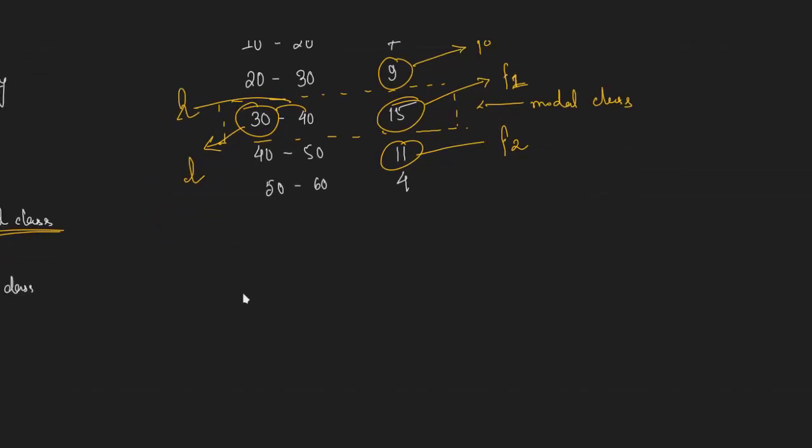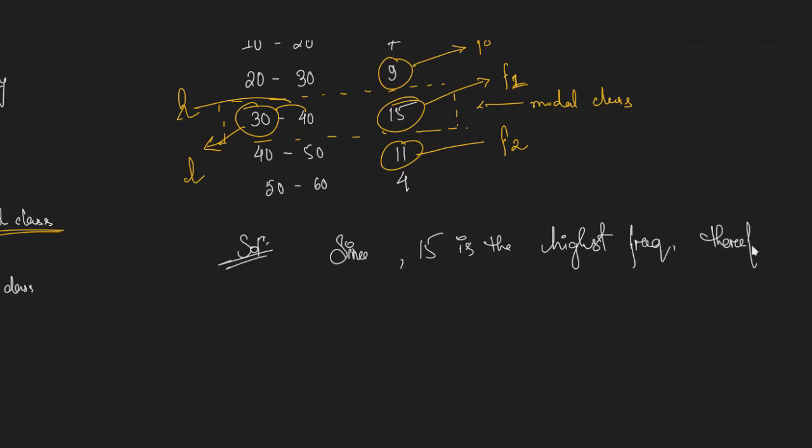So the solution: since 15 is the highest frequency, therefore the modal class is 30 to 40, right?